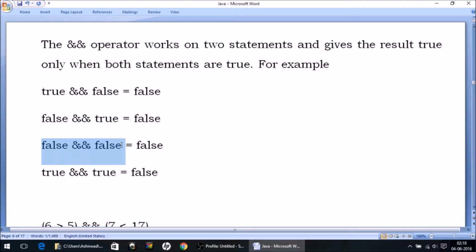If both statements are false, of course you are going to get false, and if both are true, then only you are going to get the result true. So is it clear to you? What do we get out of it? If any of the statements is false, you are going to get false.